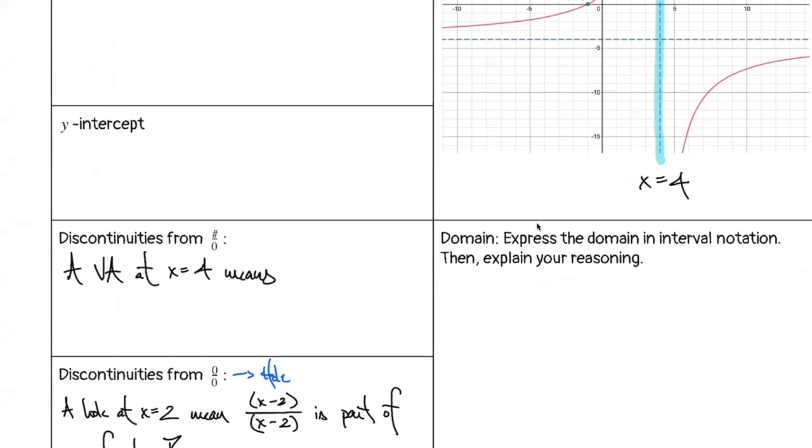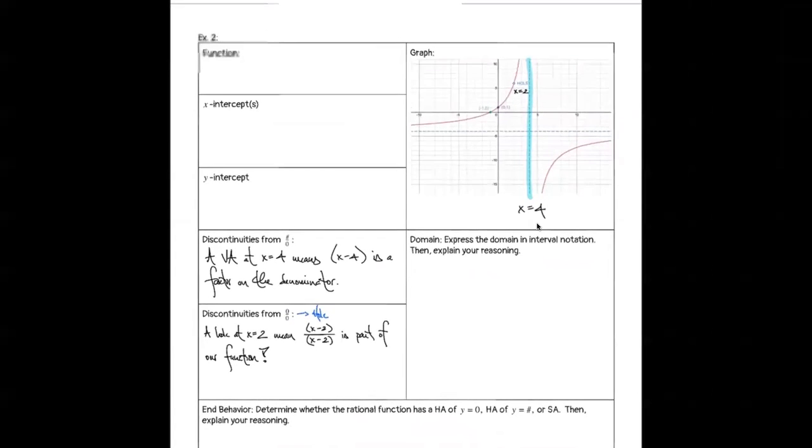Yes, it means x minus 4 is a factor on the denominator. Perfect, perfect, perfect. Okay, I love that.